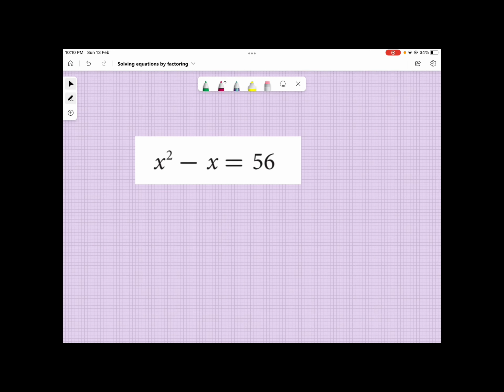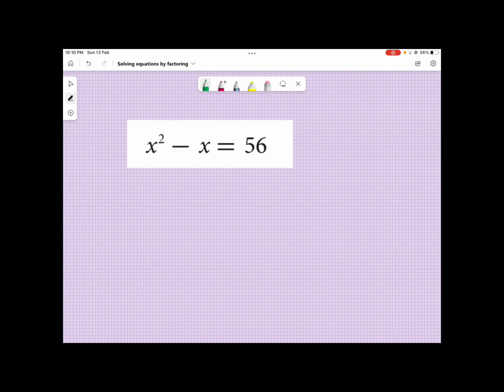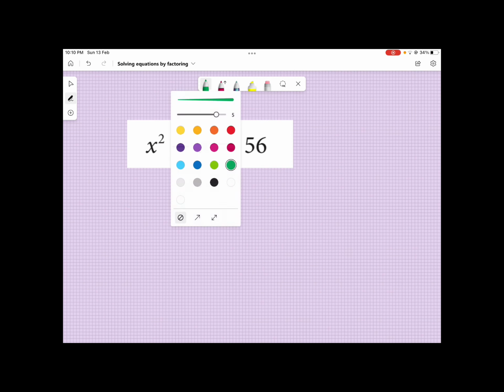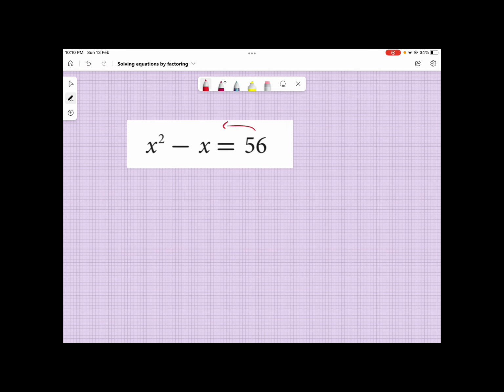Let's have a look at the last question. I'm gonna move 56 to the other side: x squared minus x minus 56 is equal to 0.